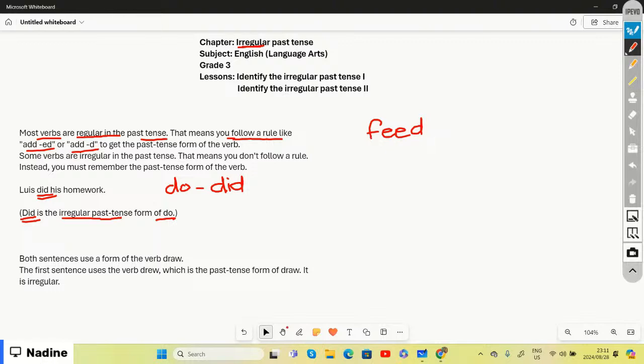Like now I feed you, or I feed the learners, I feed the baby.